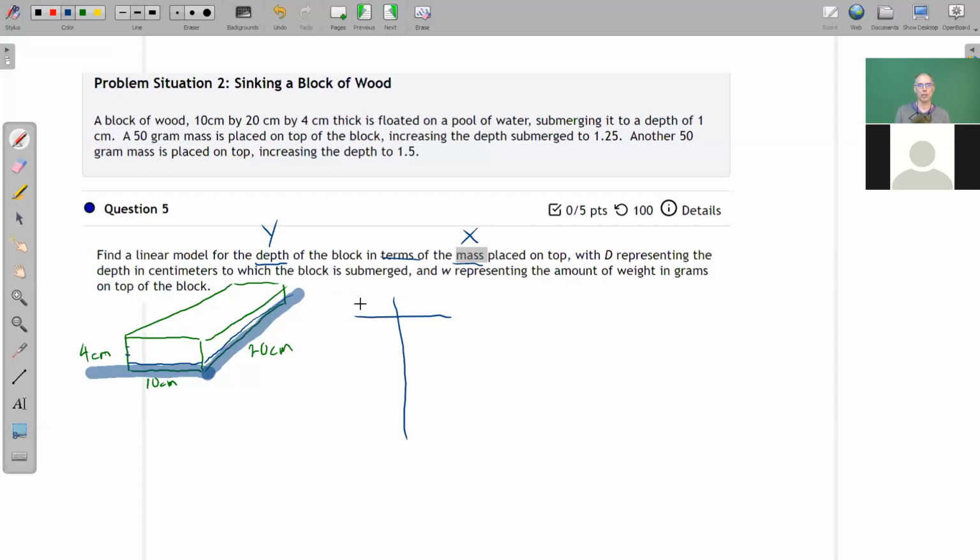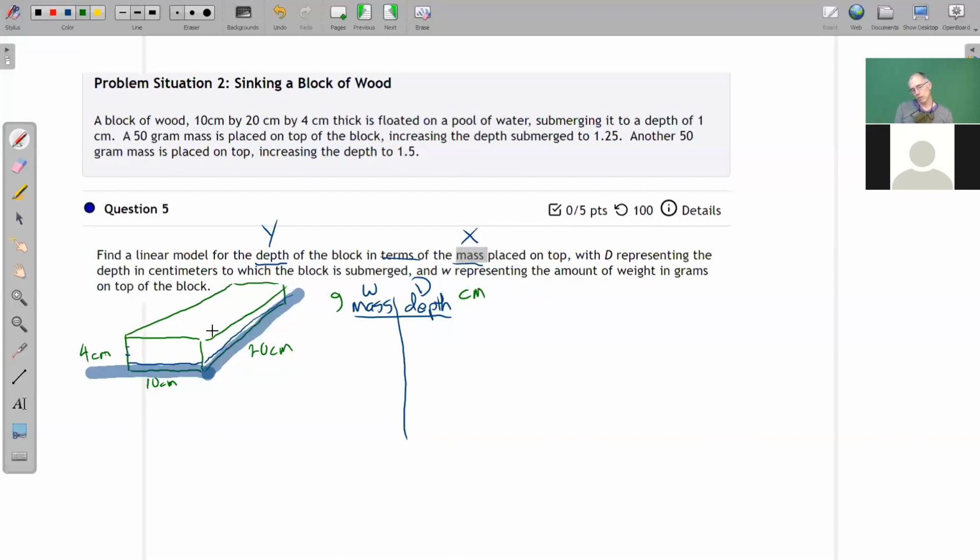So mass is my x, and they're saying call that W for weight. The depth is my y, and they're saying use D for depth. And what are the units? Grams for mass and centimeters for depth. Okay, so similar to the previous problem.